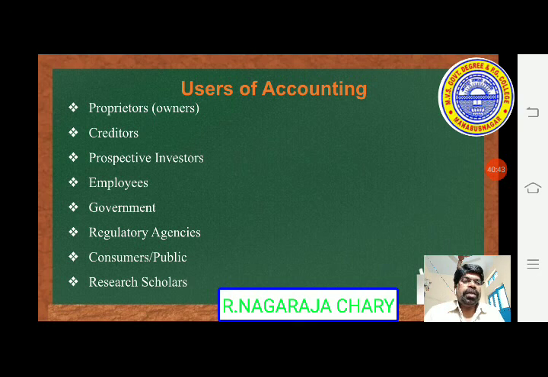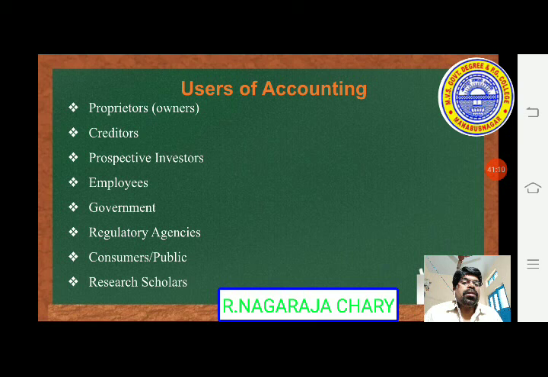Okay. Next, employees. Employees also require accounting information. What is the purpose for employees? Employees expect salary, wages, fringe benefits, promotions, trainings.